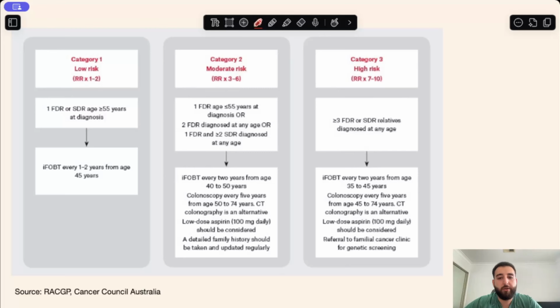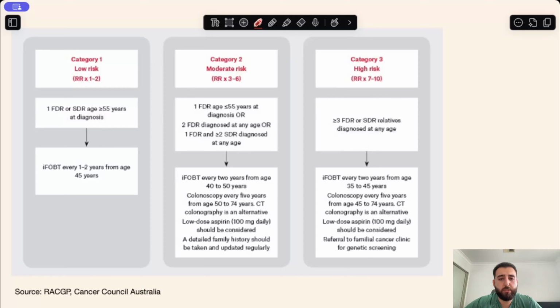You could also have one first degree relative plus 2 or more second degree relatives with colorectal cancer at any age. So this middle category is where our patient in the scenario is categorized, because he's got 2 first degree relatives with colorectal cancer, his father and his brother, and they both were diagnosed before the age of 55. So this places him within this category.